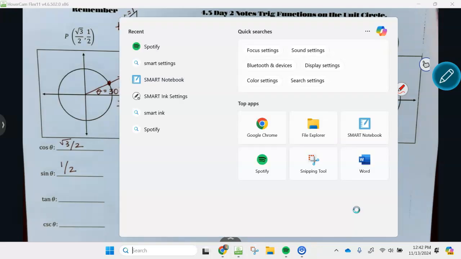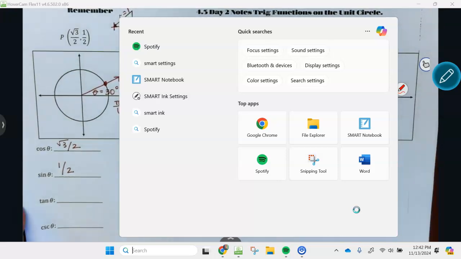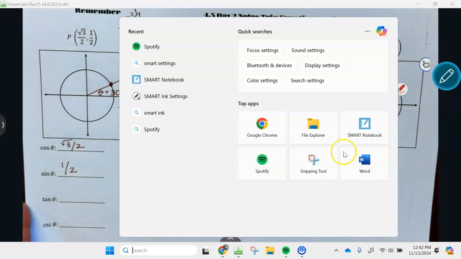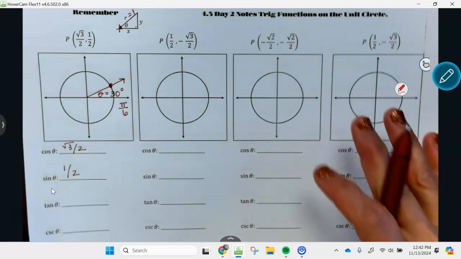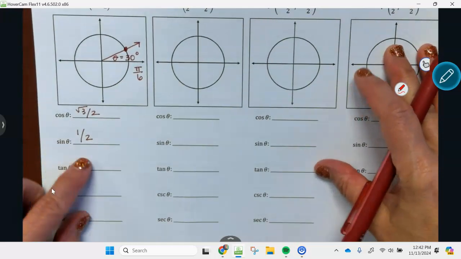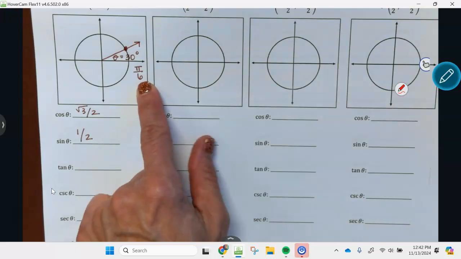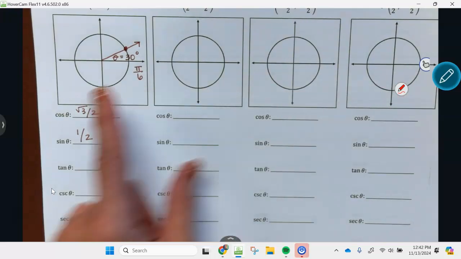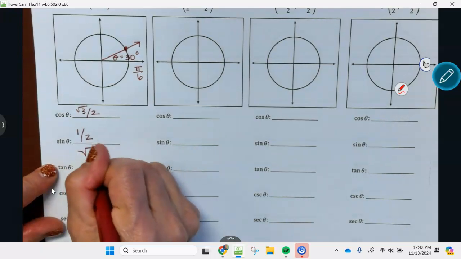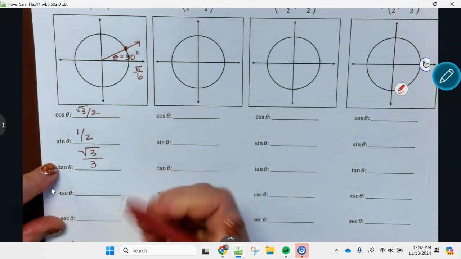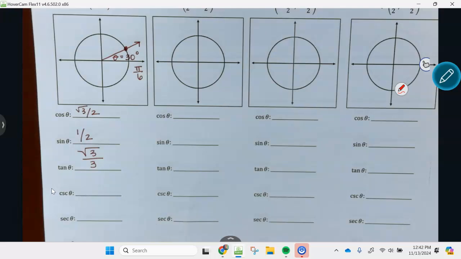And then let me tell you a little secret, a little tip. Here's my little tip. See that denominator of the radians? How many 3's go into 6? Oh, like this. Then I remember that tangent is √3/3.